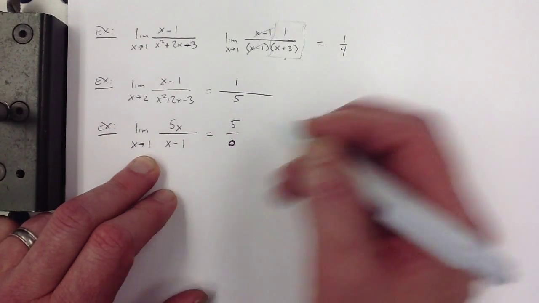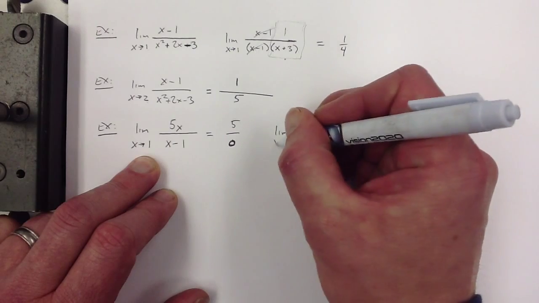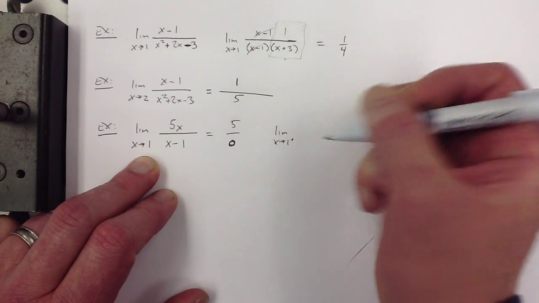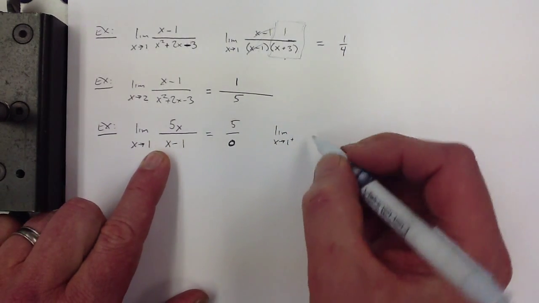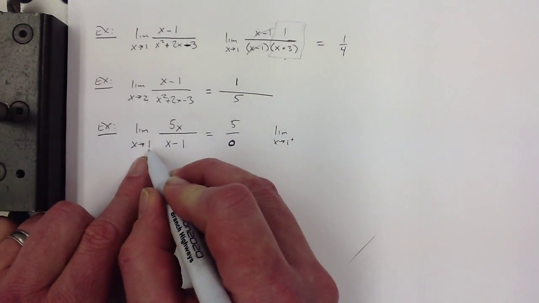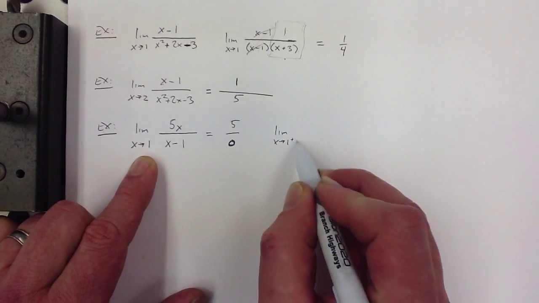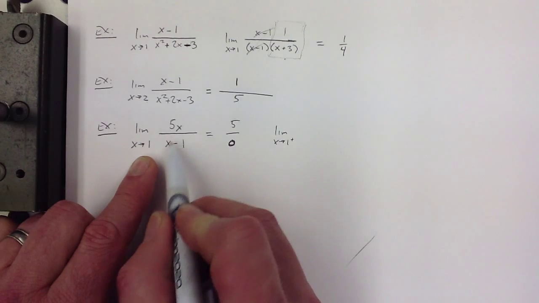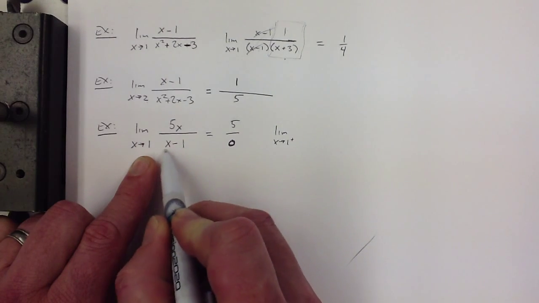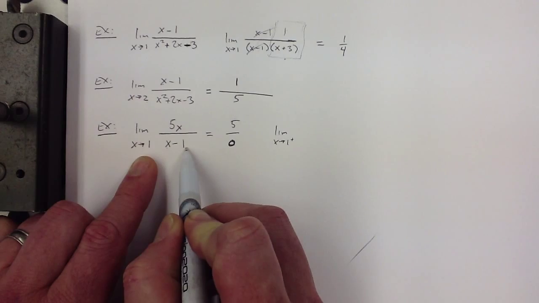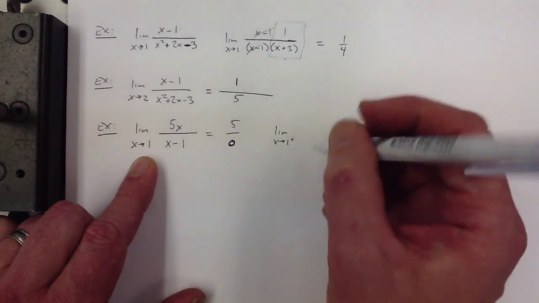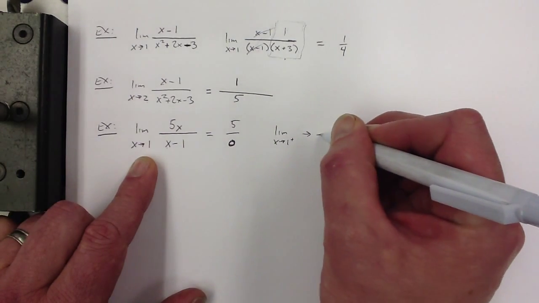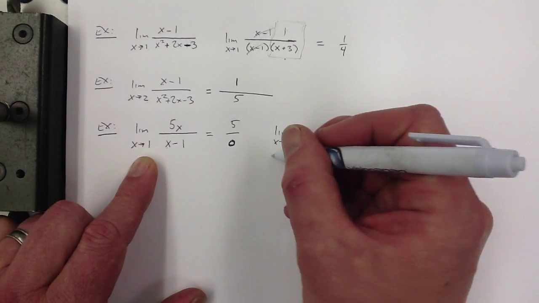If we try numbers, what is the limit as x approaches 1 from the positive side? If I plug in some number just a tiny bit bigger than 1, this would be positive, and this would be a little bit bigger than 1, minus 1, which would be a tiny but positive number. That would be positive infinity.